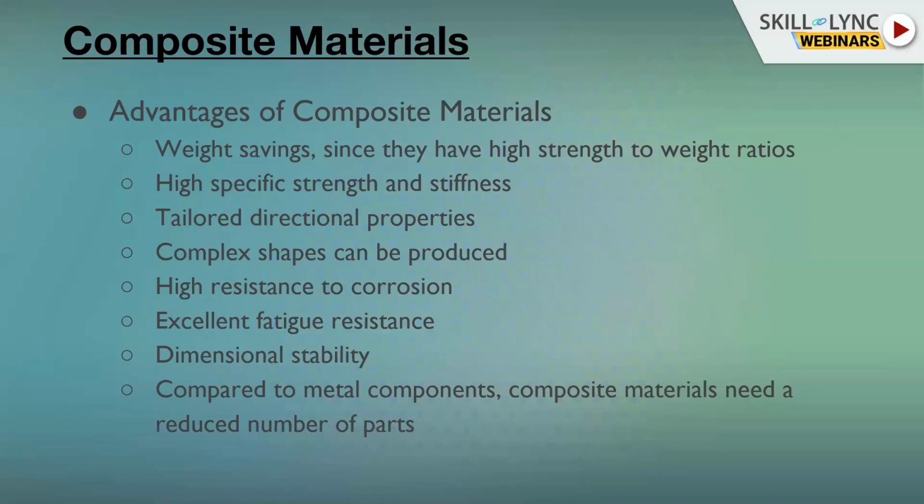The other advantage of composite material is high resistance to corrosion. Metals have a disadvantage of corrosion, whereas composite materials have an advantage over the metals in terms of corrosion. Also, they have excellent fatigue resistance, so when cyclic loads are applied on them, they behave very well. They have dimensional stability.